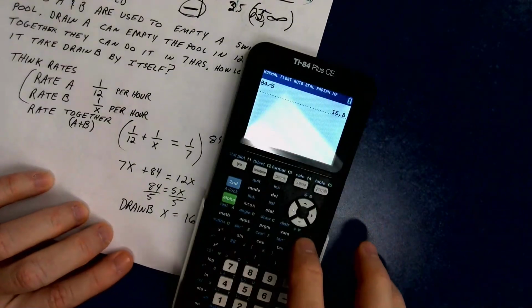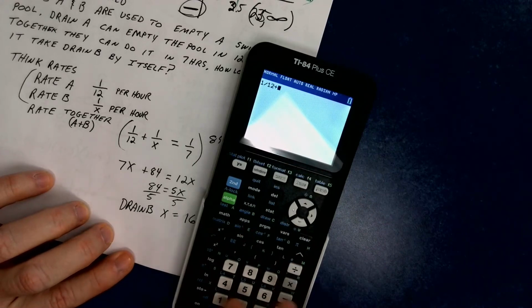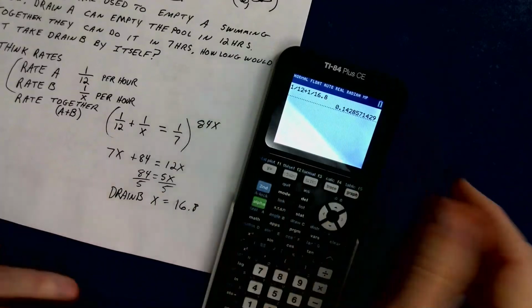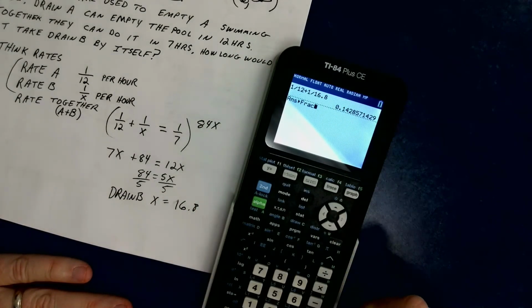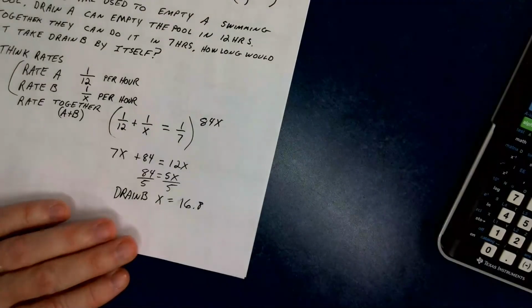So let's try it right here. Here we go. Ready? Clear. So 1 divided by 12 plus 1 divided by 16.8. Enter. I get that. I'm like, I don't know, is that 1/7? Some of you are like, Mr. Bell's just hit the math frac key. So I hit math, I hit frac, I do that, and I get 1/7, and this right now is what I do, right?